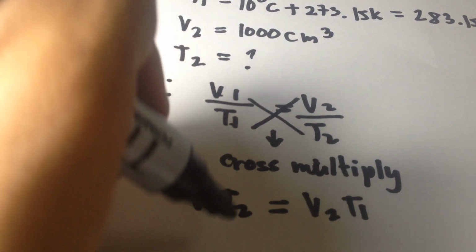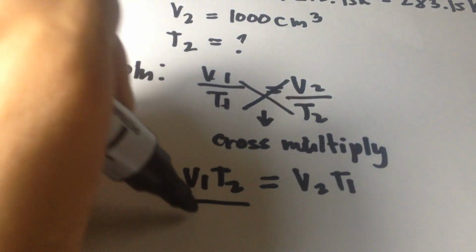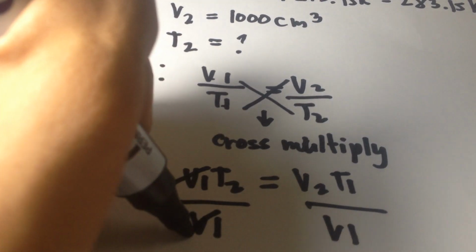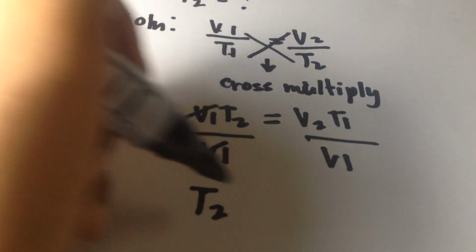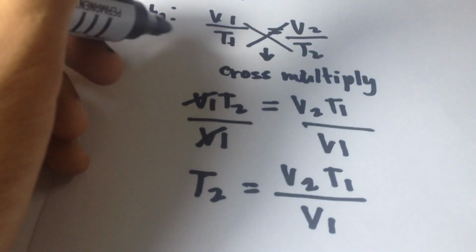We need to find temperature 2 again, so divide both sides by volume 1. Then it cancels out, so your temperature 2 equals volume 2 times T1 over volume 1.